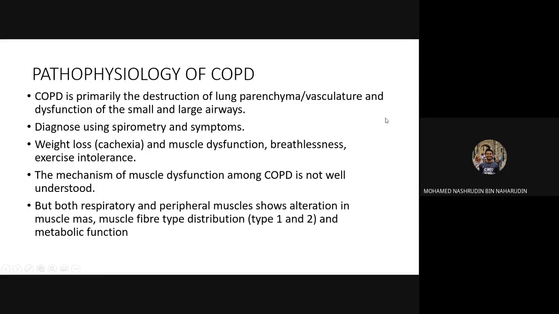Then also muscle dysfunction, particularly of your respiratory muscles, like the diaphragm, intercostals, and other supporting muscles for heavy breathing, like the sternocleidomastoid and pectoralis major and minor. Those respiratory muscles that assist you in breathing will become atrophied, less efficient, or cachectic.